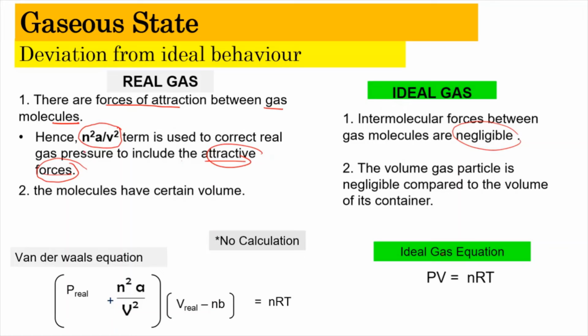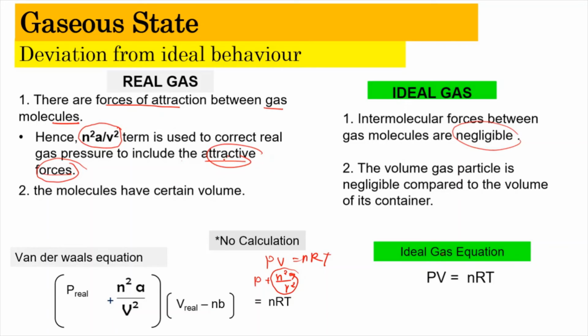And because of that, inside the pressure term here, we need to add the attractive forces. Okay, so ini adalah ideal gas equation, PV equal to nRT, tetapi sekarang kita kena include n square a over V square, which refers to the attractive forces.